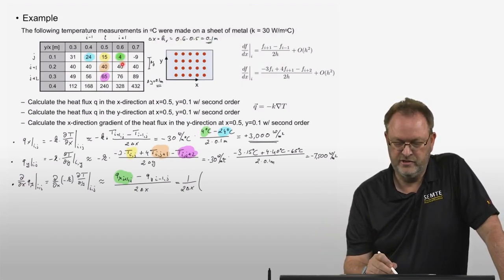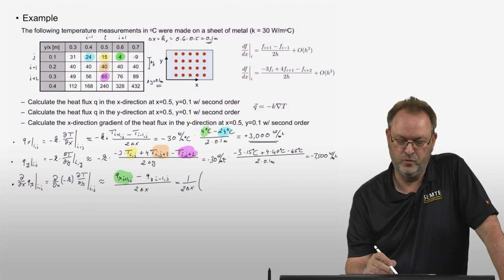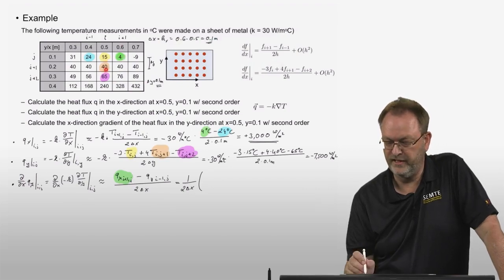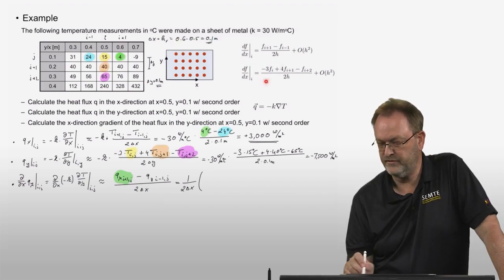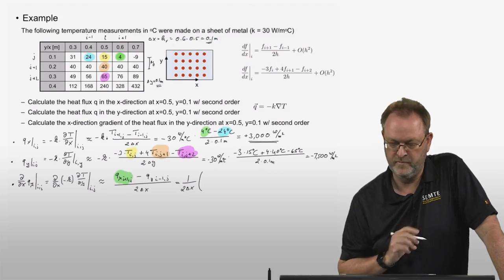And I know I can't go central here in the y direction, so I can't use the same type of finite difference formula. I have to go one-sided like I did before over here. So I have to use this formula, but apply it at this location now, i plus 1 comma j instead of i comma j.